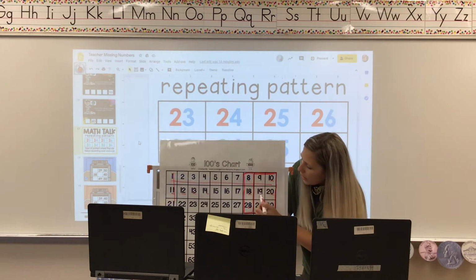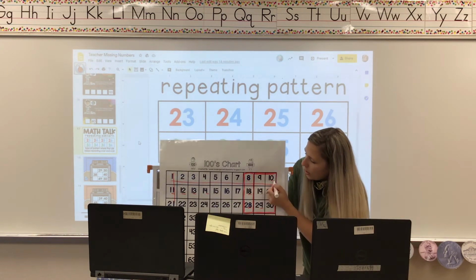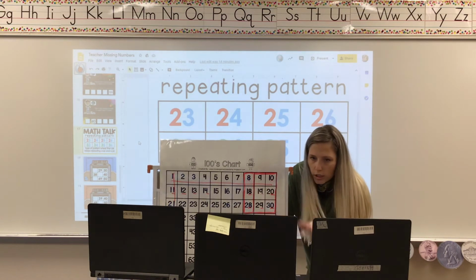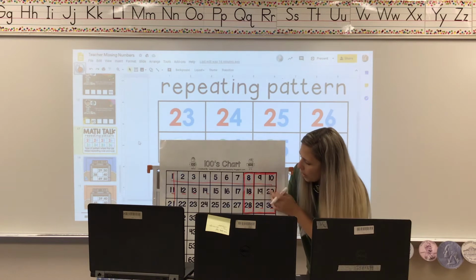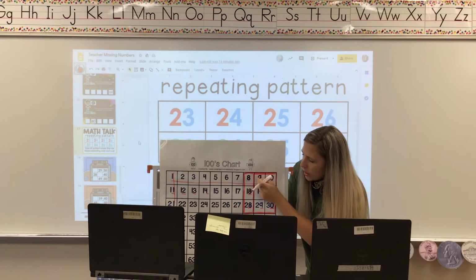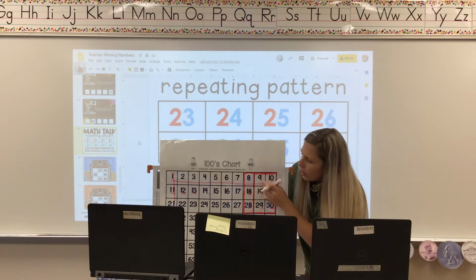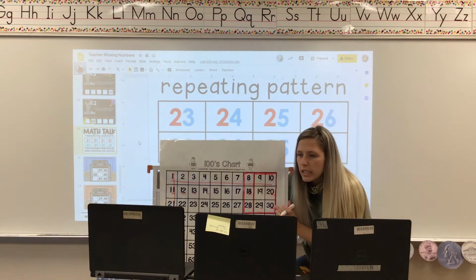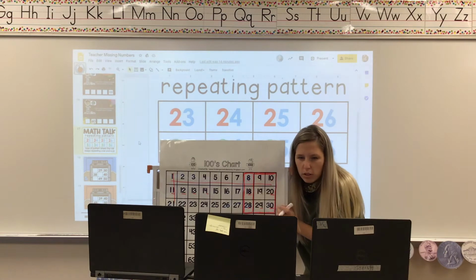All of these end with 9. And all of these end with 0. And then the first numbers are just counting forward. We have 1, 2, 3. This is a 0. It's invisible, we can't see it. 0, 1, 2. So it's just the same pattern, just going a different direction.